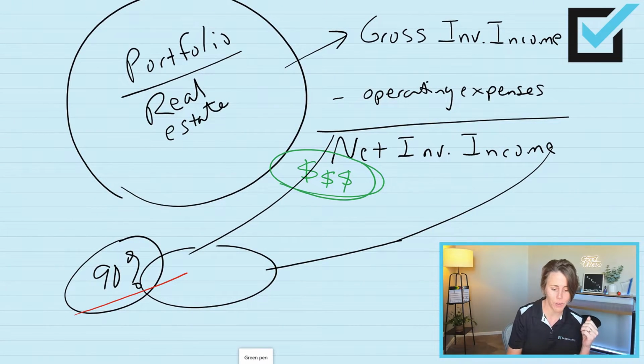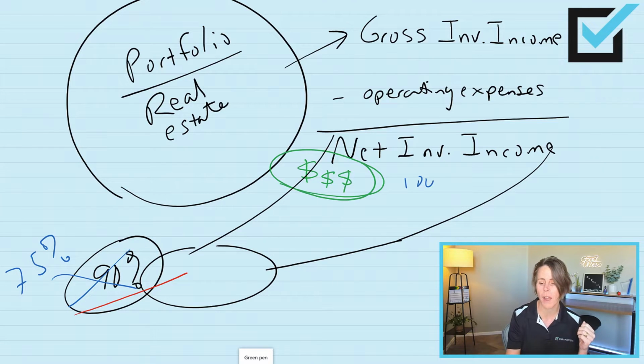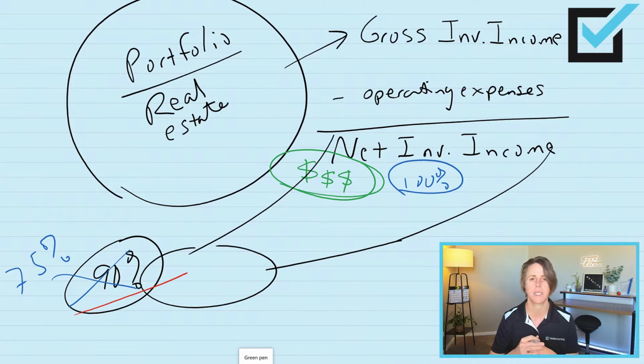Regulated in this sense means that it follows Internal Revenue Code subchapter M, this conduit theory. If it doesn't meet the 90%, in that example distributing only 75%, then 100% of their net investment income is taxable to that pooled investment, be it a fund or a REIT.